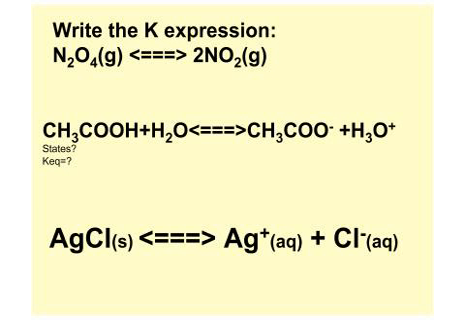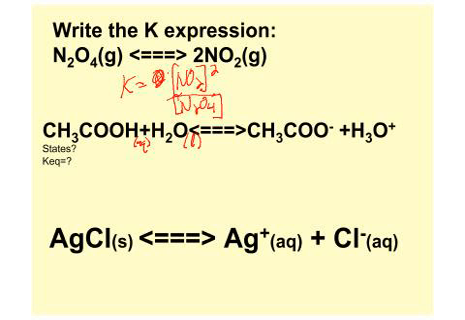Write the K expression for these guys. K equals NO2 products squared over reactants N2O4, the dimerization reaction. Here is acetic acid. What would the states of matter of these things be? By the way, an acid, to be an acid, is always aqueous. Water is a liquid.